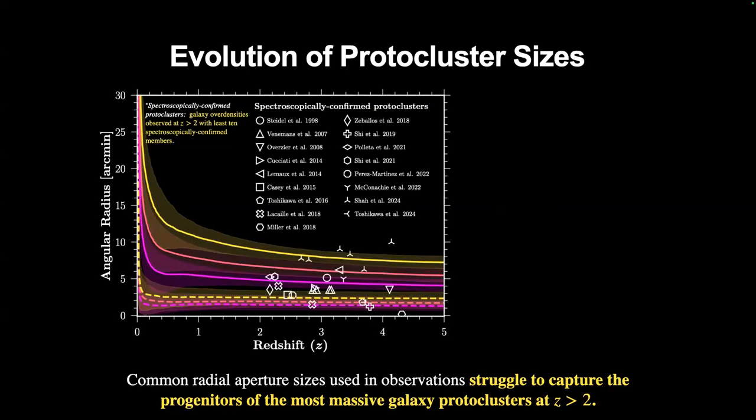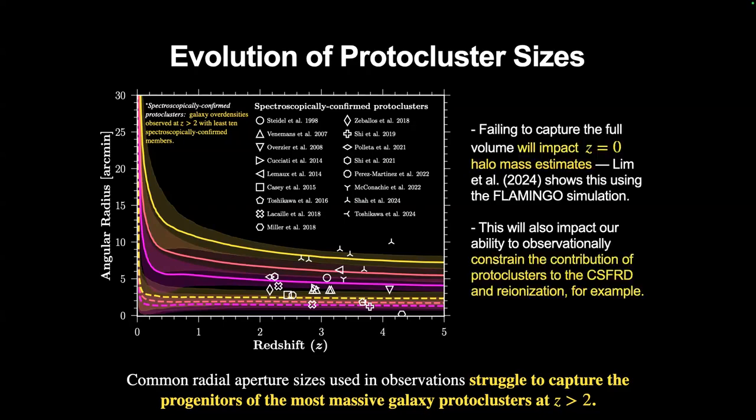So in terms of what's the angular radius that you need to see the full protocluster, for the most massive protoclusters, it's like a radius of 8 arc minutes out at high redshift. And you can see this is going way back to 1998. Early papers were all down here. So it's only the more recent papers that are getting to a large enough field of view to really capture the full progenitors of the most massive protoclusters at these redshifts.